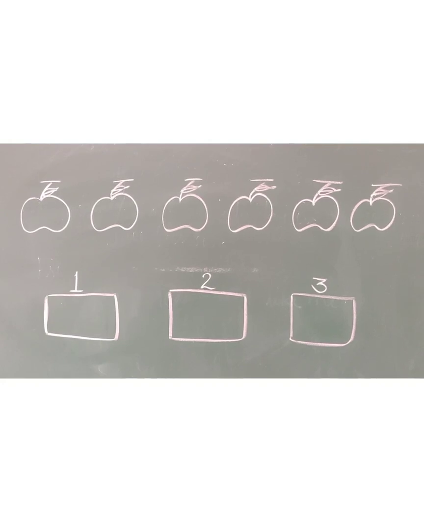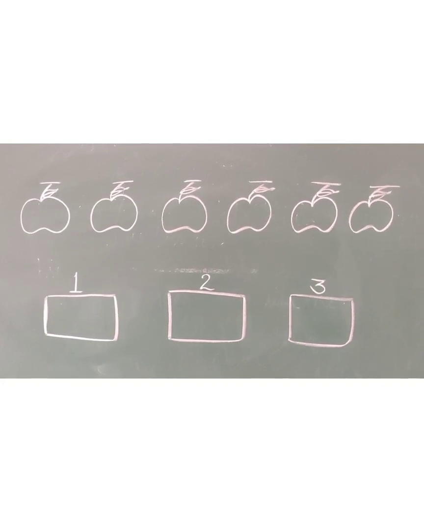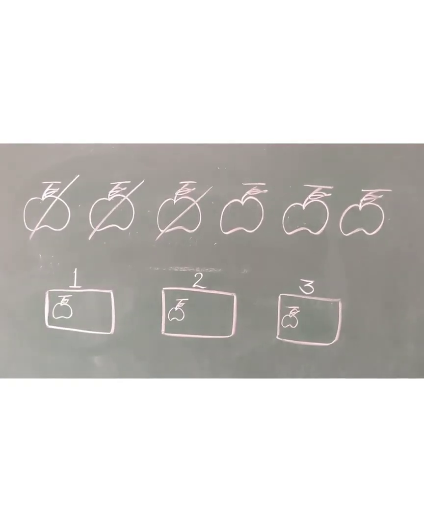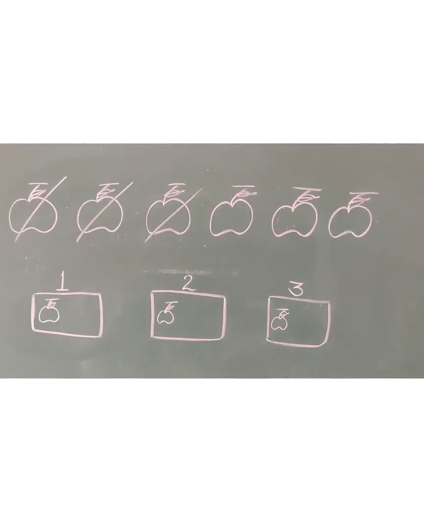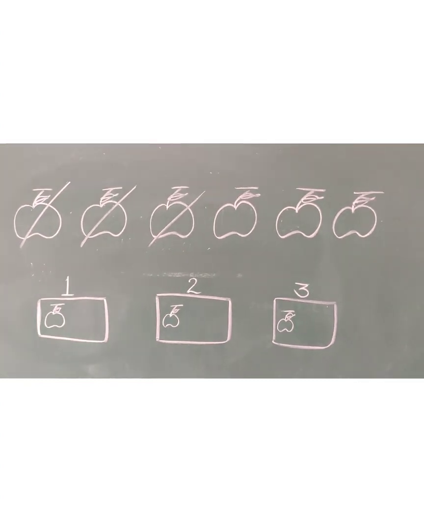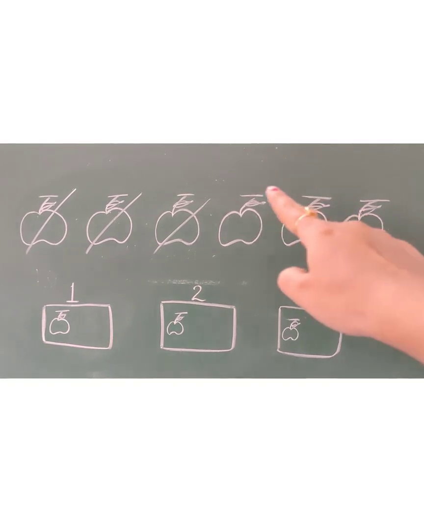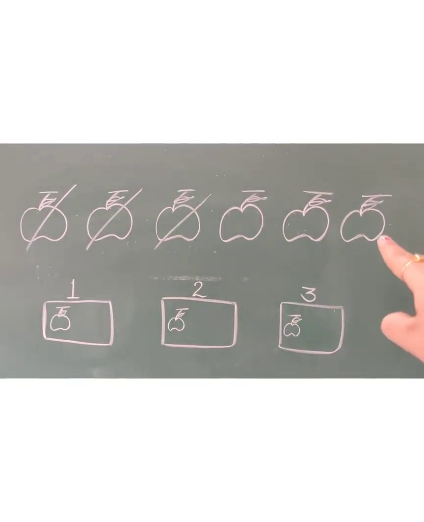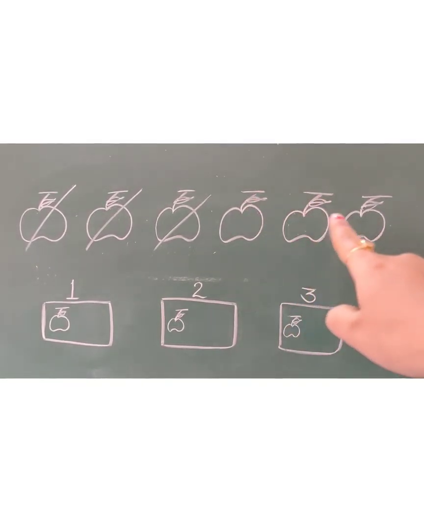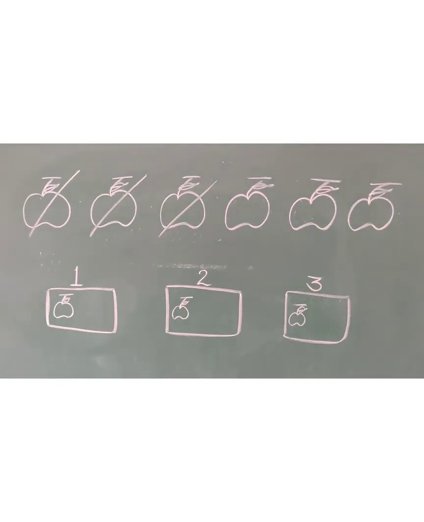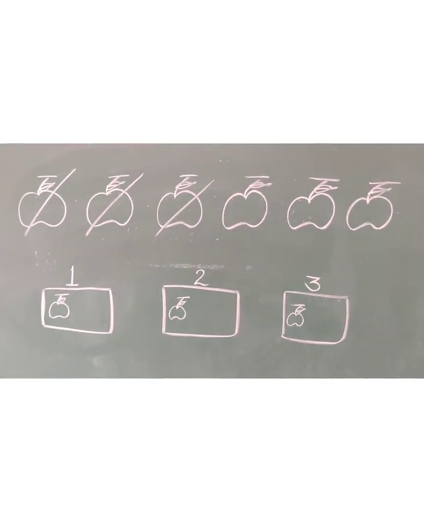So let's start by giving one apple to these 3 groups. So now we are left with 3 more apples, isn't it? Here we have got 3 more apples. Again we have to give one apple to each group. Let's give.